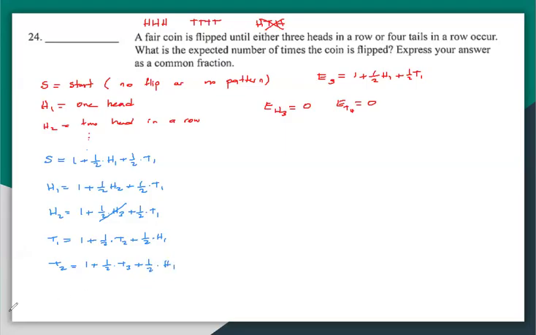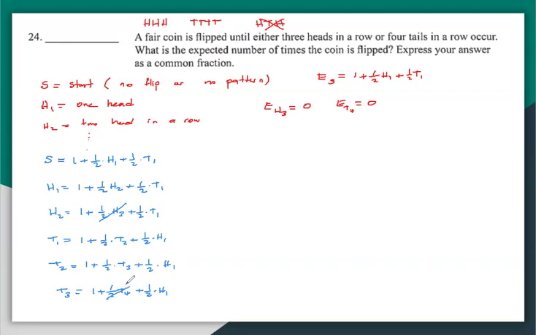And then the next one would be T3, which is going to be 1 plus 1/2 times T4, plus 1/2 times H1. But T4 has expected value 0, so T3 would be just 1 plus 1/2 H1.